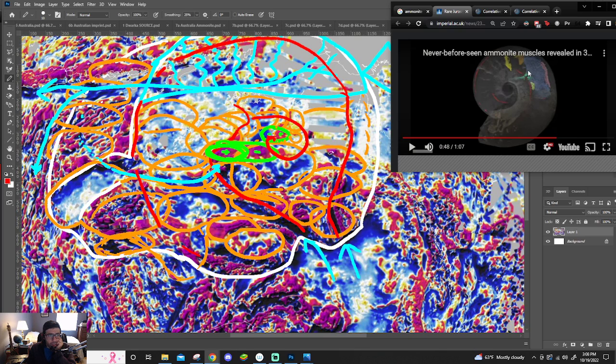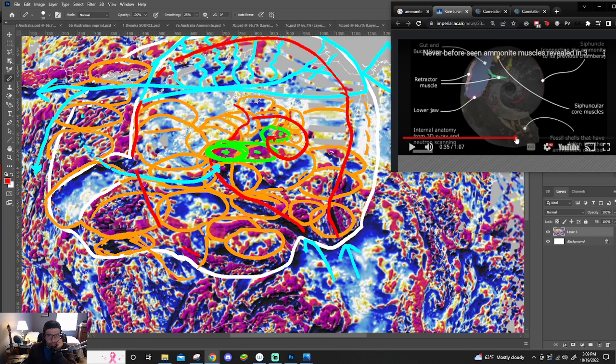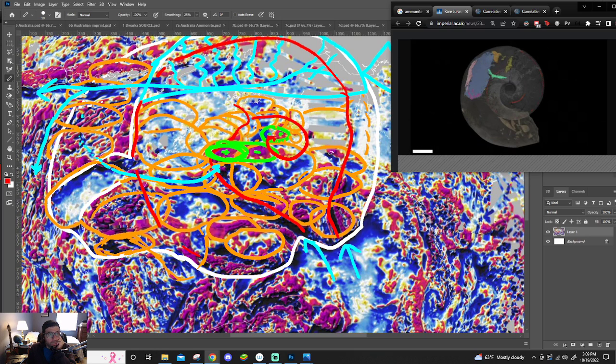Could it be this? I don't know, maybe. This could be that green part, although I really think, let's go back. The green part is called a retractor muscle, where this one is for sure current. It's for sure current, so for sure this is the retractor muscle. This green thing is for sure this. So let's see. What is that up there?